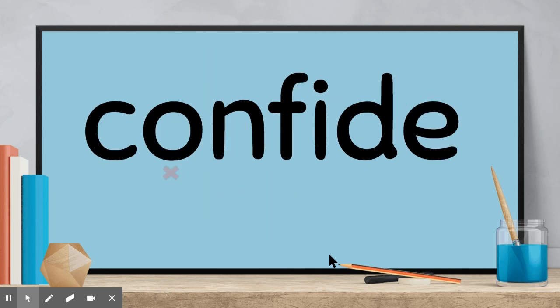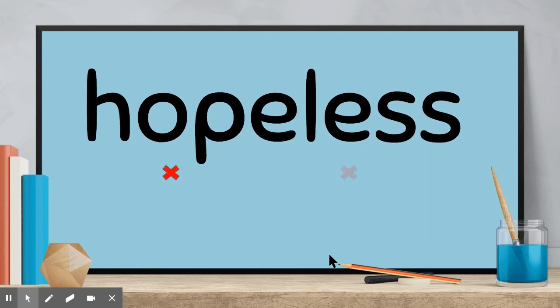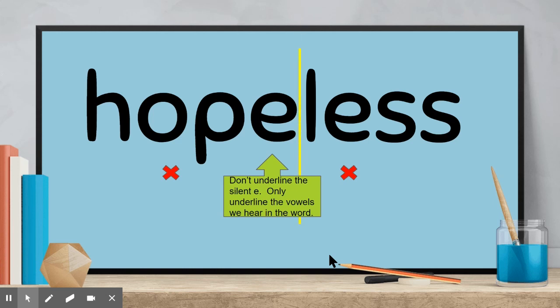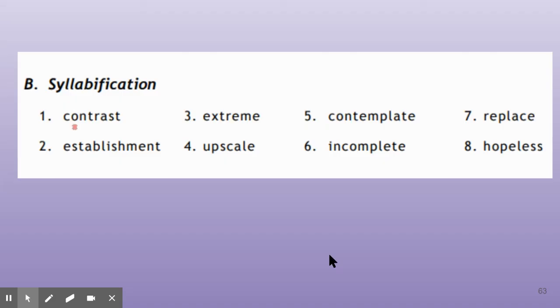We'll talk about how when we have blends of letters, when we're separating consonants, we have to keep those together. And we'll also talk about how the silent E is treated when it comes in the first syllable of a word. So we have a good bit that we will cover on Tuesday and Thursday of next week.